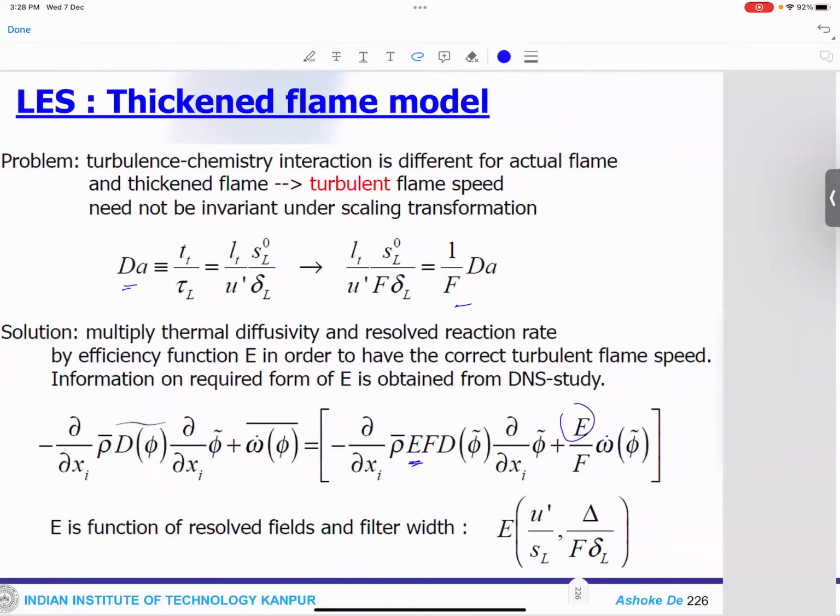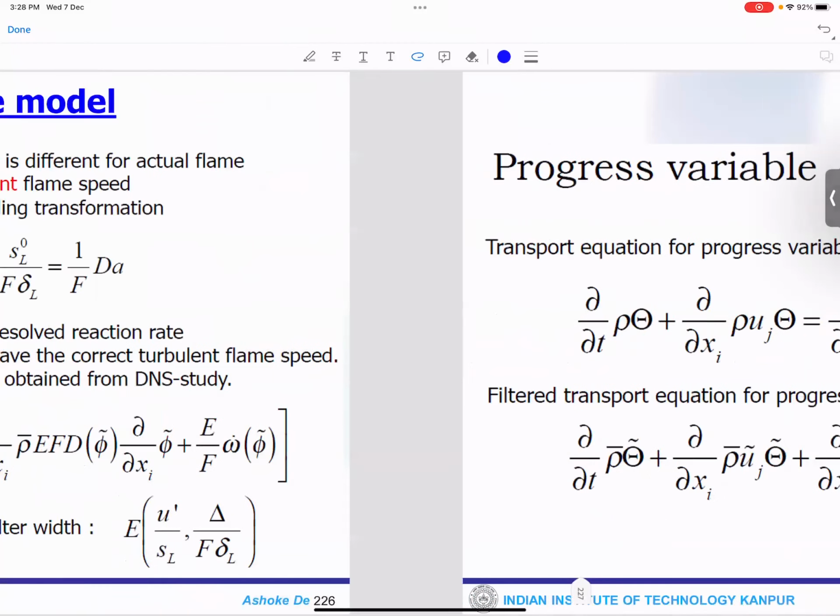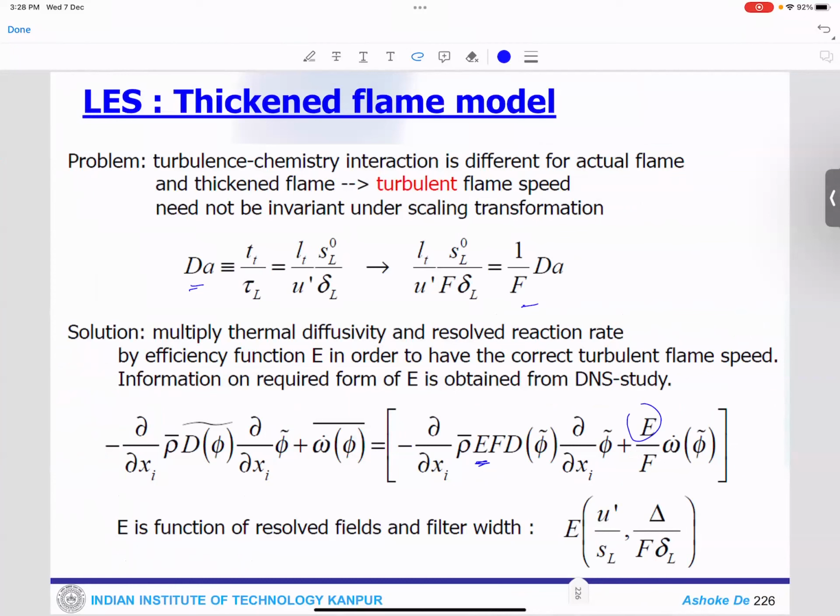This efficiency function is a function of your fluctuating turbulent quantity, filter width, and delta L. It is going to take into account the artificial modification of the Damköhler number.